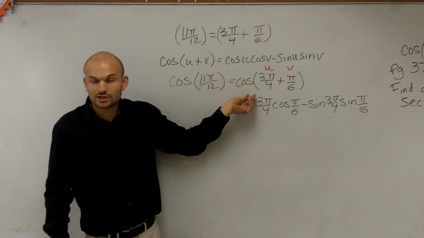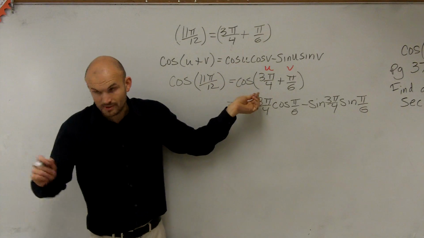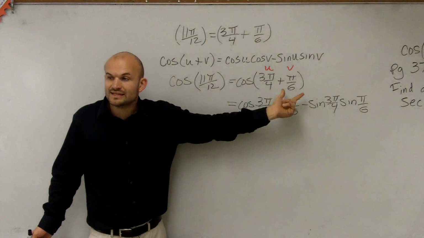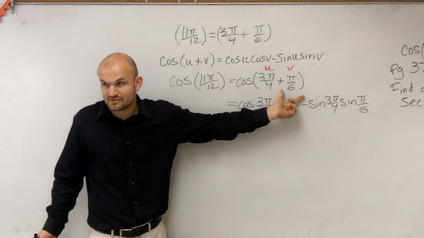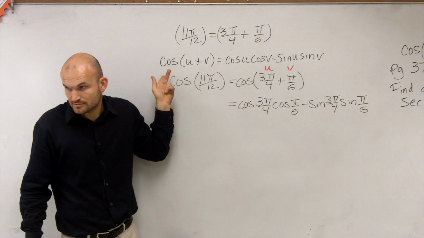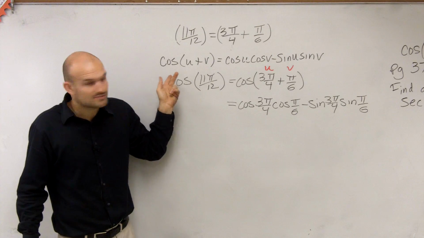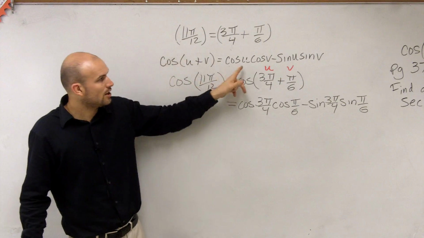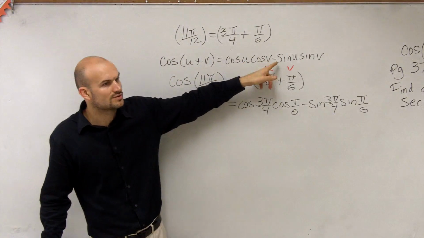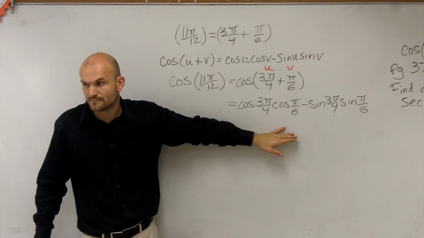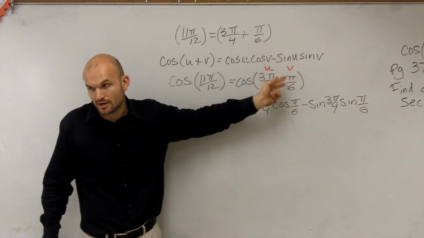When you take the cosine of the sum of two angles, here is the formula. I rewrote the formula, and now all I'm doing is plugging in what my u and v are.